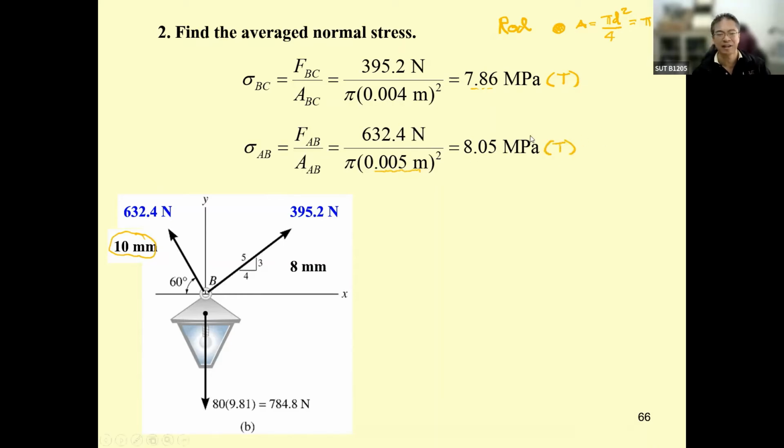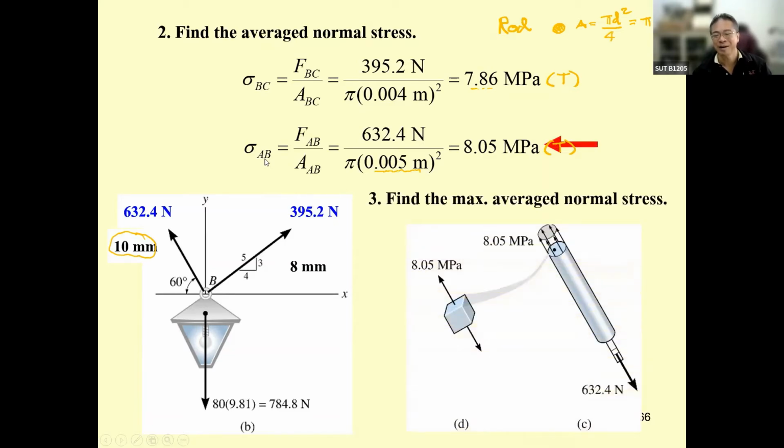So the maximum stress occurs on the bigger rod, in the rod AB. And then when you draw this one for the rod AB, the forces will produce stresses everywhere in the material on the cross section of the rod, and they are distributed equally, since the force we consider is the axial force and the material is steel, which is homogeneous and isotropic material.